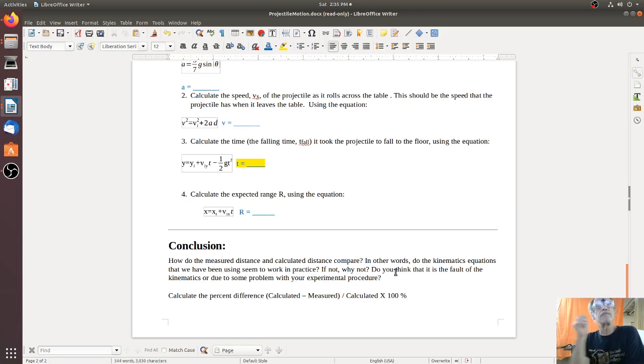And then, do the kinematic equations that we have been using seem to work in practice? Well, if you get less than 10%, that's working. If not, why not? What would you think is the biggest source of your disagreement if you get a massive disagreement? You want to try to eliminate any mathematical errors, of course, or measurement errors, or unit conversion errors, or things like that. We don't really consider those acceptable errors in a lab procedure.